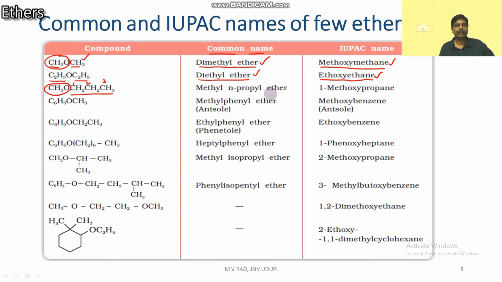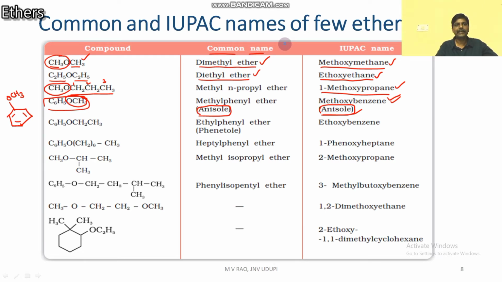At first carbon methoxy there, 1-methoxypropane. This is methoxybenzene. Another name is anisole. This compound, C6H5OCH3. Anisole is common name as well as you can take as IUPAC name also. So these are some ethers. You practice all these ethers, both common names and IUPAC names.